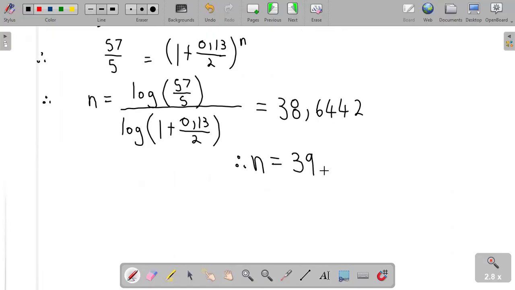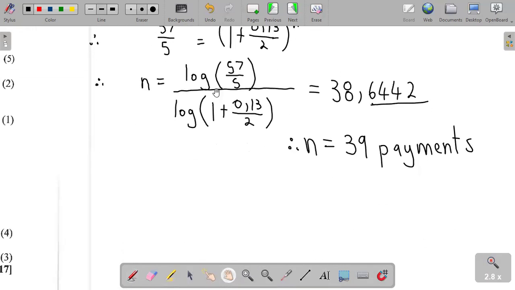So it will have to be a minimum of 39 payments in order to cover this loan. It has to be at least 39, because if you say 38, those decimals here will not be accounted for. So it has to be a minimum of 39 payments here. Okay. Hope that makes sense.